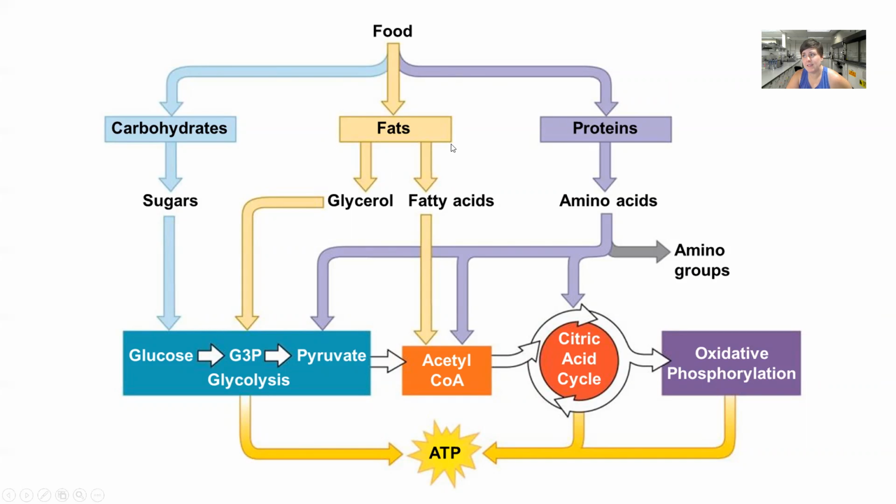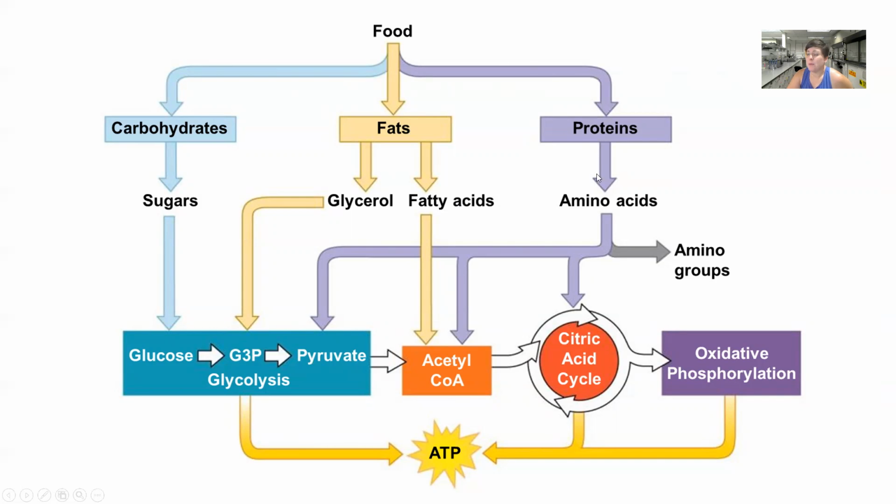In terms of fats, which are composed of a glycerol head and a fatty acid tail, the glycerol head of fats can actually enter glycolysis and generate ATP via substrate level phosphorylation, actually directly, and also oxidative phosphorylation. And the fatty acid tail, which is basically just a giant hydrocarbon, can actually enter directly into the Krebs cycle and start generating a ton of ATP, primarily via oxidative phosphorylation.